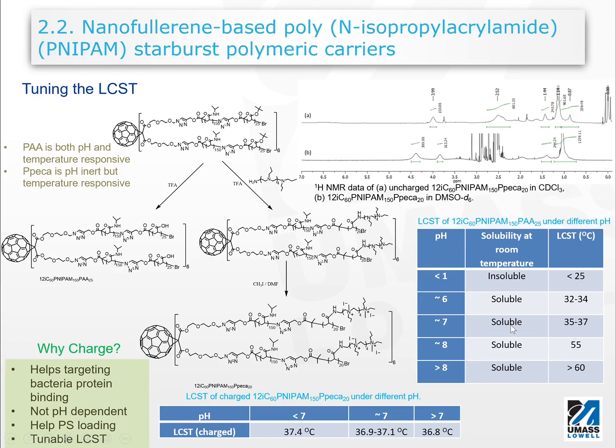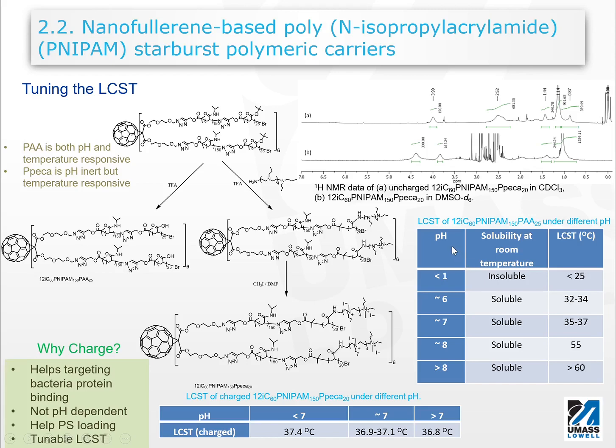And also, we find out with the chain length about 150 of Nippon group to 25 of carboxylic acid group, then the LCST at pH 7 can be controlled around 35 and 37 degree, which is corresponding to the human body temperature.